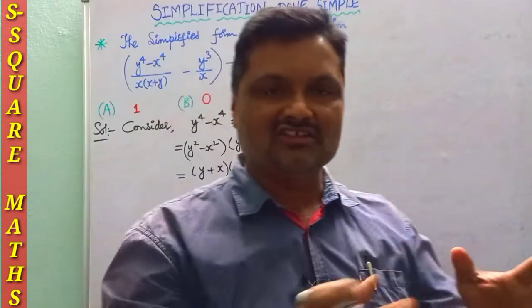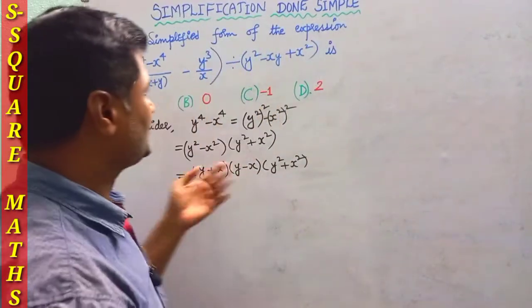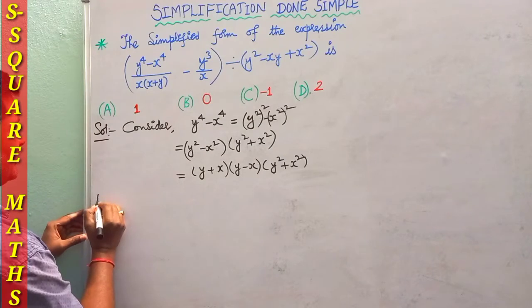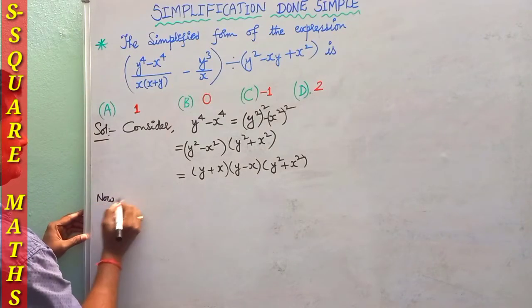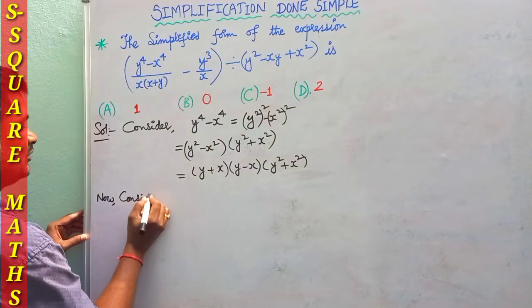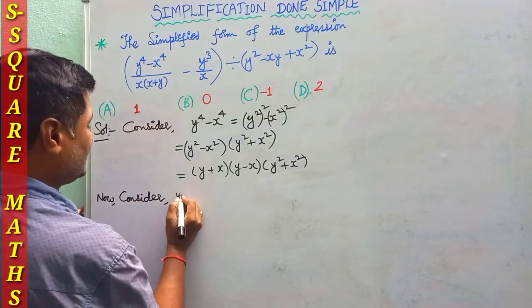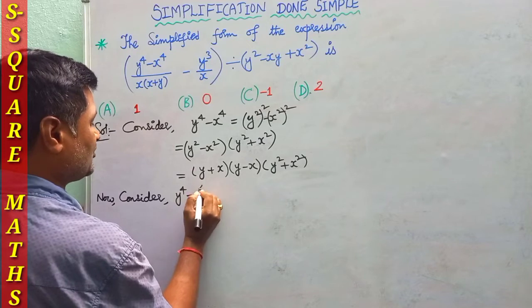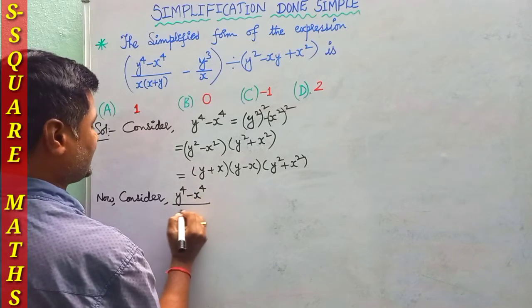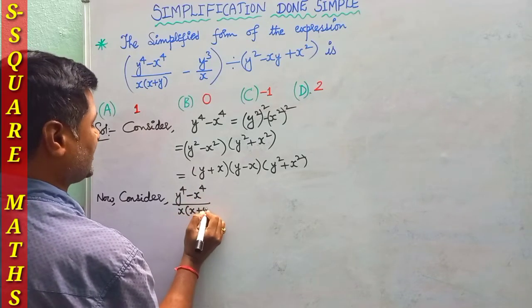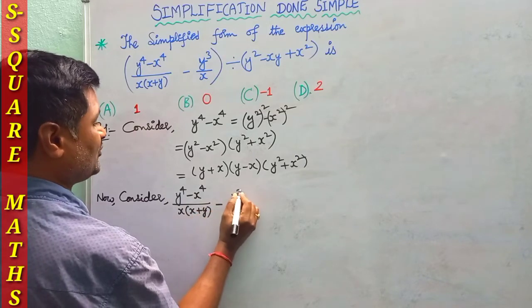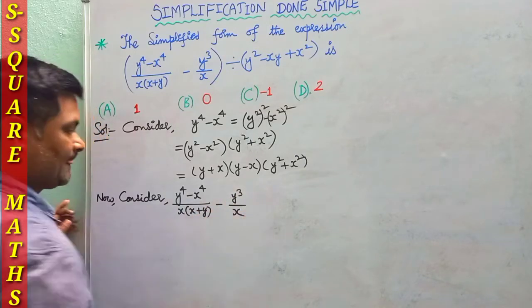Now let us consider the given expression, only the numerator part. I can write y power 4 minus x power 4 by x of x plus y, minus y cube by x.